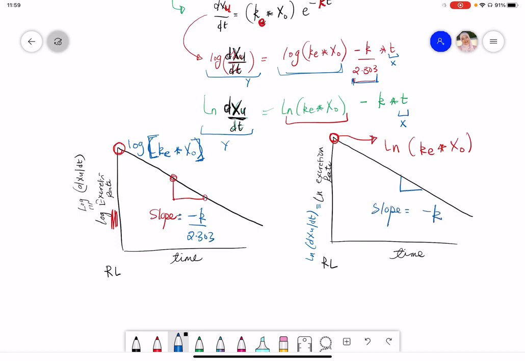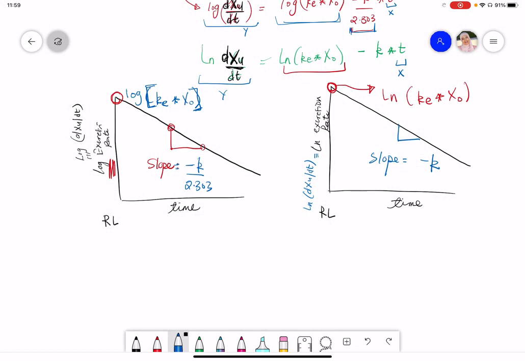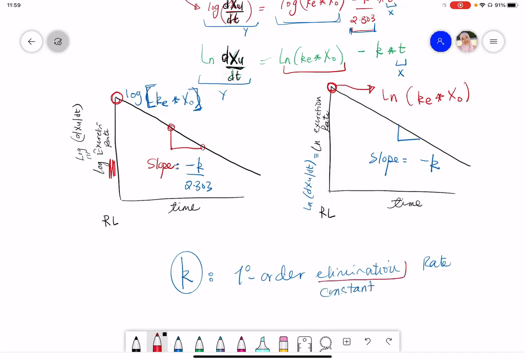So if you notice from those profiles, we were able to determine k, which is the first order elimination rate constant. Again, be careful, it's total elimination.